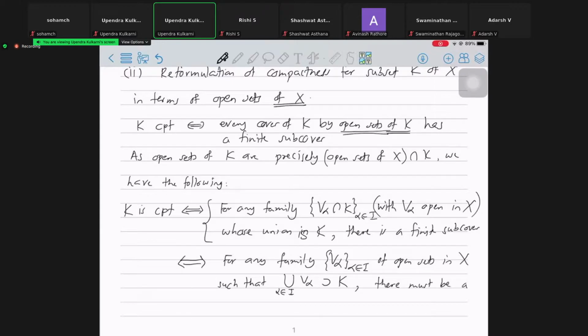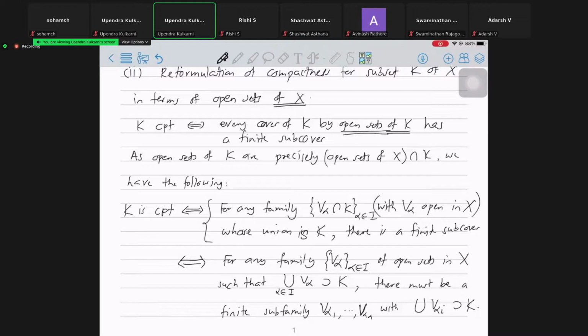There must be a finite subfamily V alpha 1, V alpha n, with union of V alpha i's containing K. So this is sometimes given as a definition of a compact set. But you see, it's really the same definition. There is really no difference.